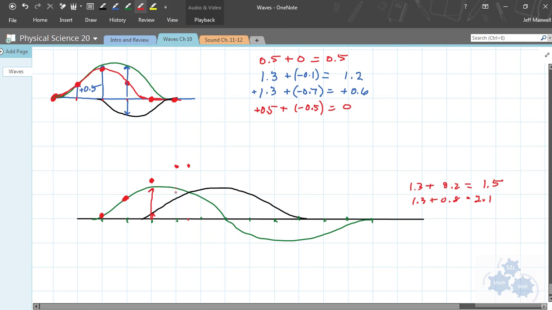So the sum of these two waves over here and the sum of these two waves right here would be the exact same. Okay? And then this looks fairly symmetrical, so we could say, hey, we have 1.3 and 0.8 again, and so it's somewhere around the exact same spot here. Okay, over here we have about 1.3 and 0, so the resultant wave is 1.3.